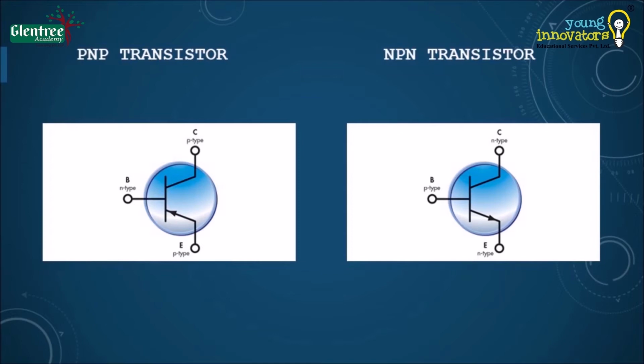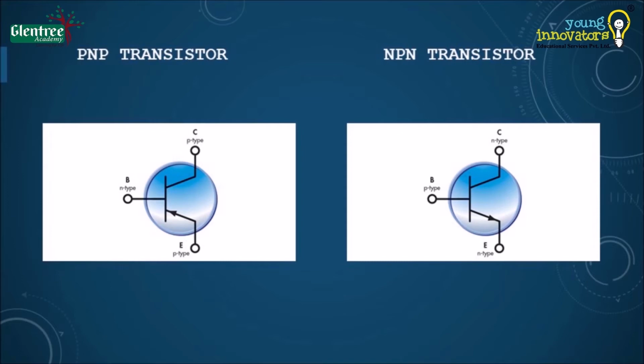But if you observe the arrow mark in the symbol, in one circuit the arrow mark is shown towards the emitter and in the other symbol, that arrow mark is shown towards the base.